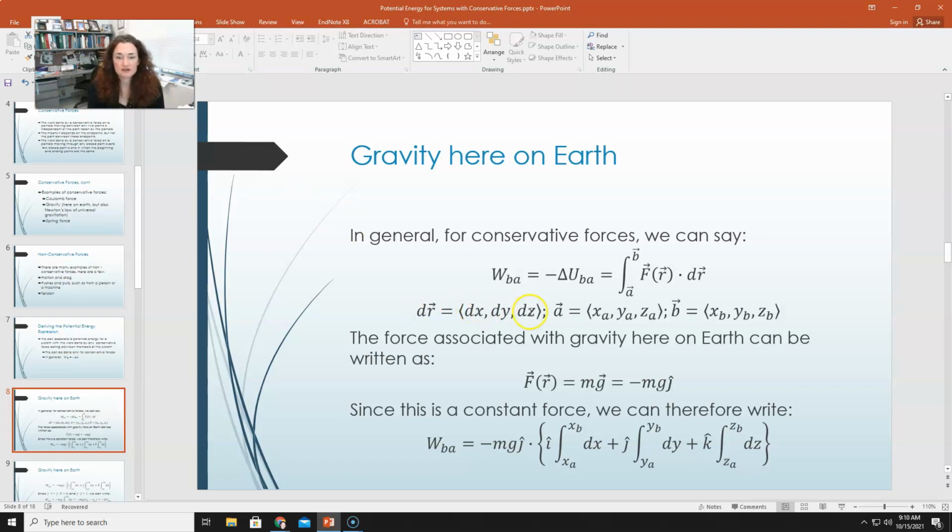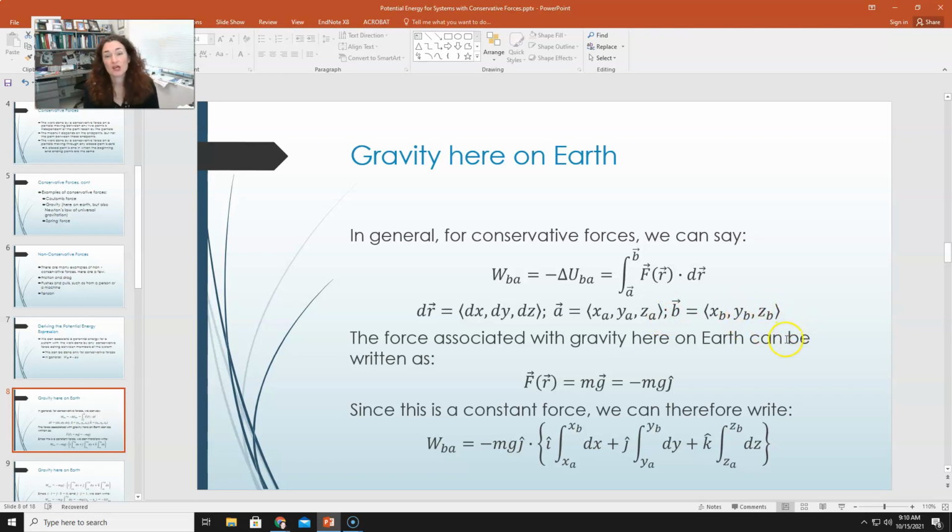An alternative way of writing that unit vector notation would be the triangular brackets here. And so you can see that this is a vector with x, y, and z components, dx, dy, dz. Now, we've also got location A and location B in vector notation here. Here's their position vectors. I'm going to call the coordinates of location A, x sub A, y sub A, and z sub A. And B, similarly, x sub B, y sub B, z sub B.